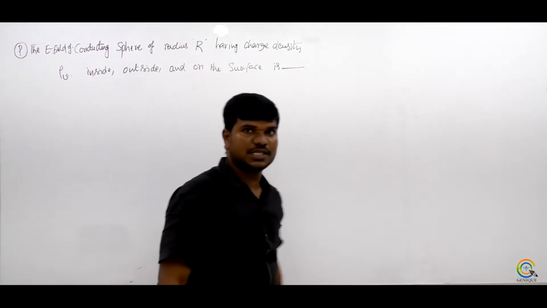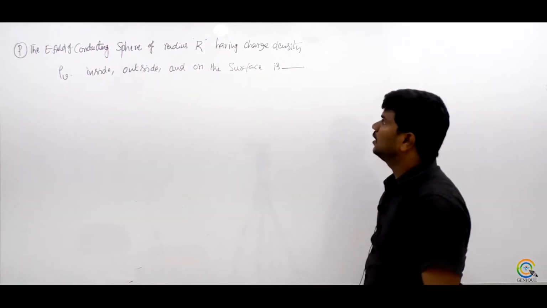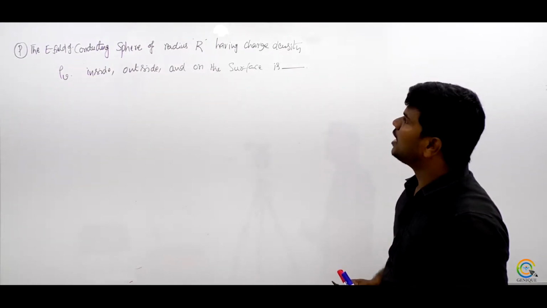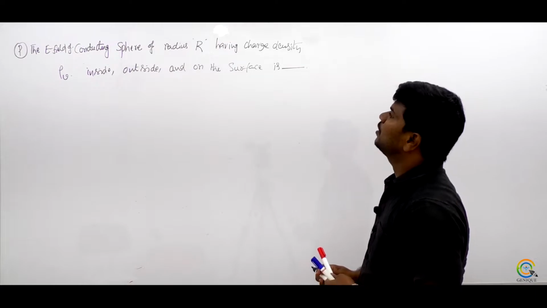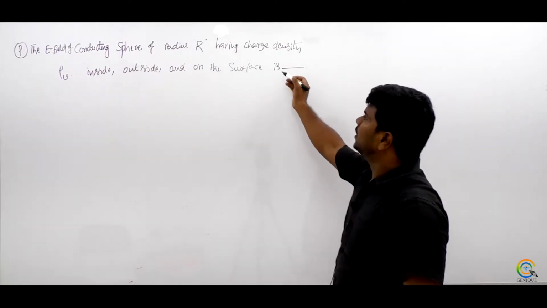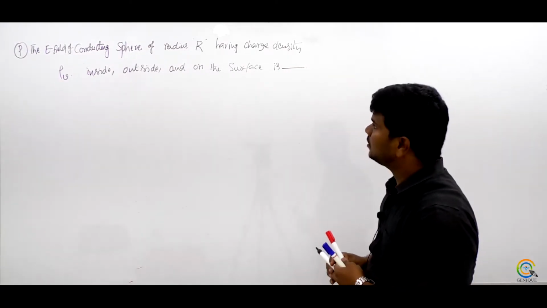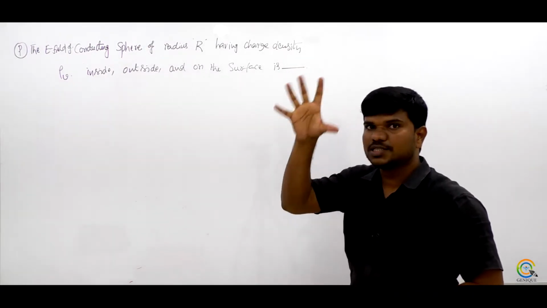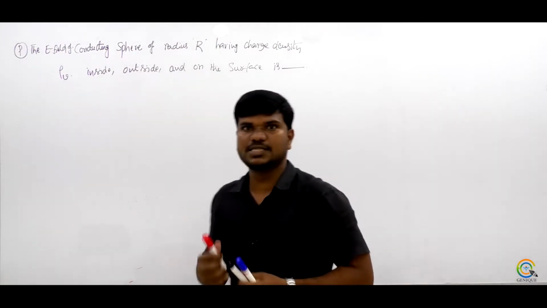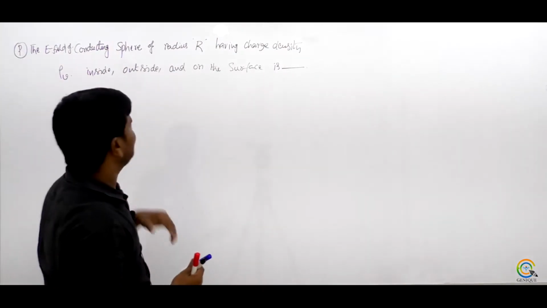You have to find the electric field intensity of a conducting sphere of radius r having a charge density rho v inside, outside and on the surface of the sphere. In the previous case it was just a charged sphere, but now it is a conducting sphere. What happens and what will be the results of the electric field?